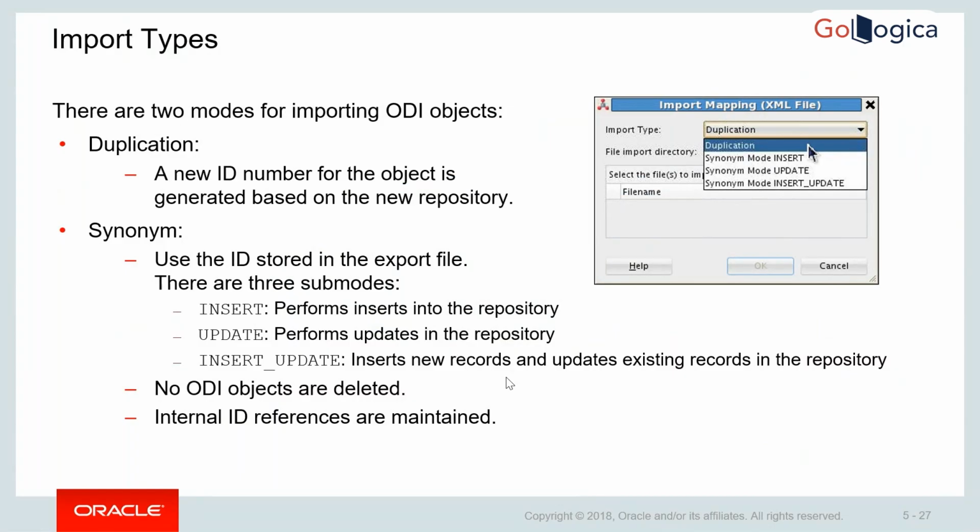But when you use a synonym, we need to tell whether it should be insert or update, or insert or update. When we use the insert, the same GID is going to be inserted. If you go with an update, if that ID is there, it is going to be updated. If the ID is not there, it is going to throw an error.